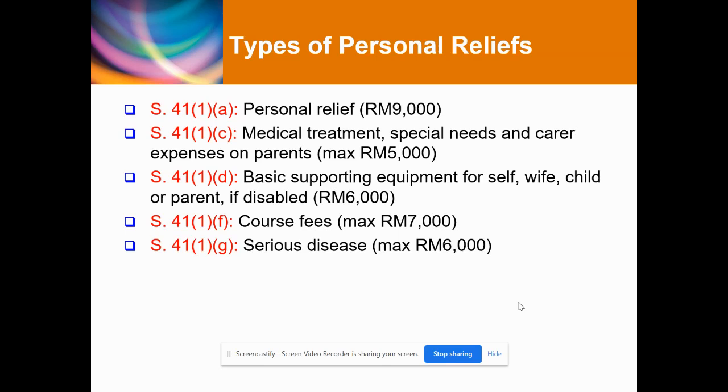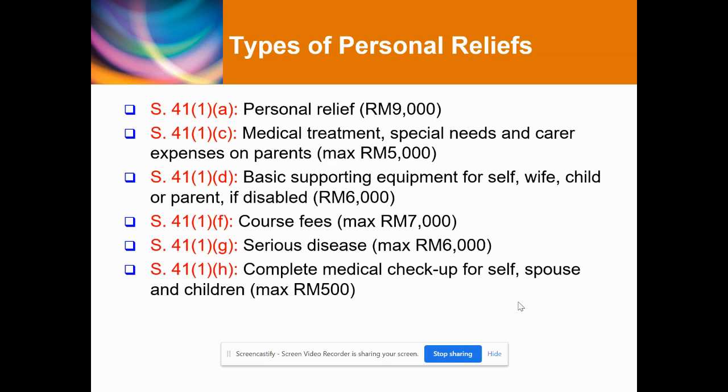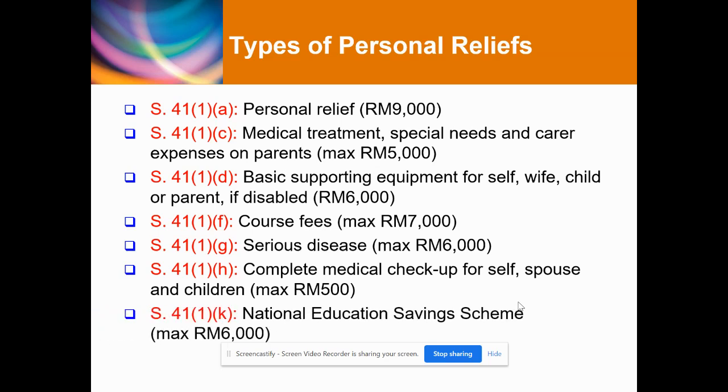If you have a serious disease and incur expenses for that particular disease, the maximum amount that you can claim is 6,000 ringgit. We are also allowed a complete medical checkup for yourself, your spouse, and children, up to a maximum of 500 ringgit. And if, for example, your parents save in PTPTN, the maximum amount that can be claimed is 6,000 ringgit.